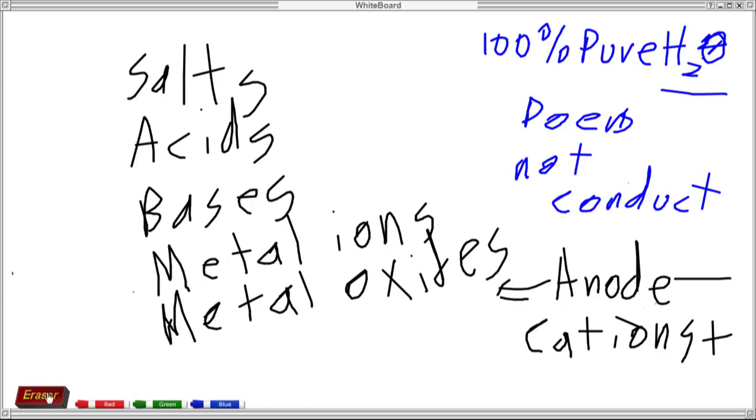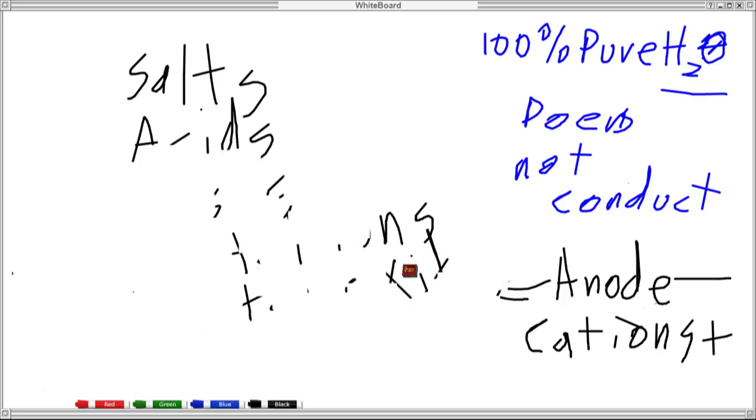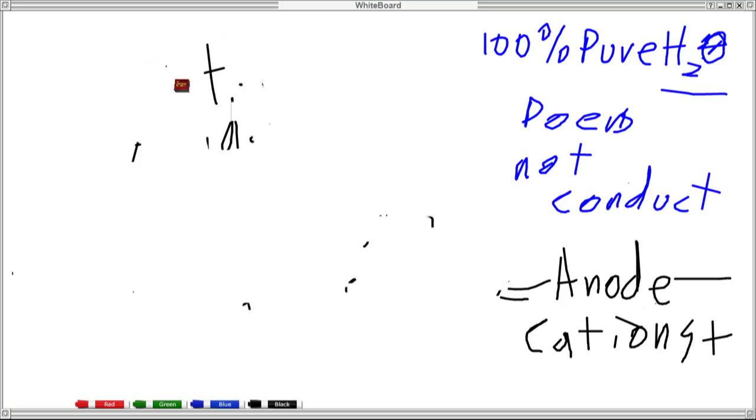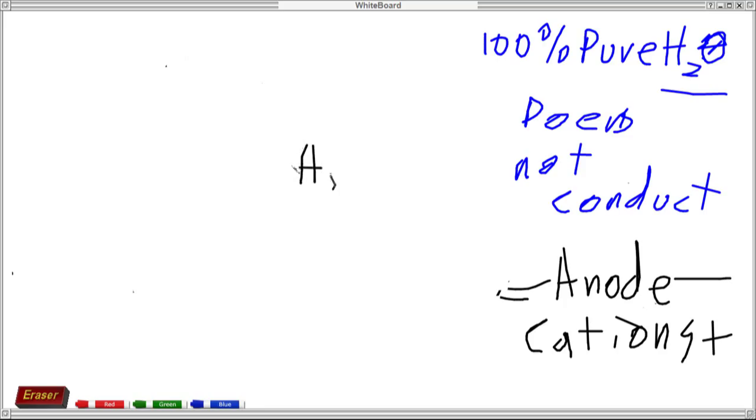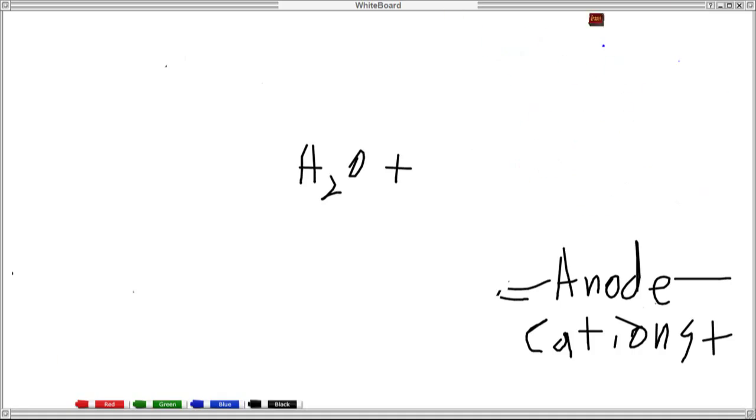Let me give you a perspective of what I mean. Let's say for example you decide to add to H2O regular table salt.